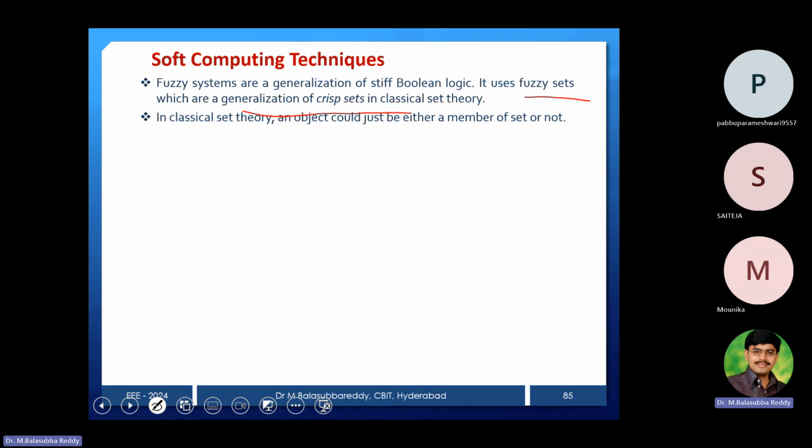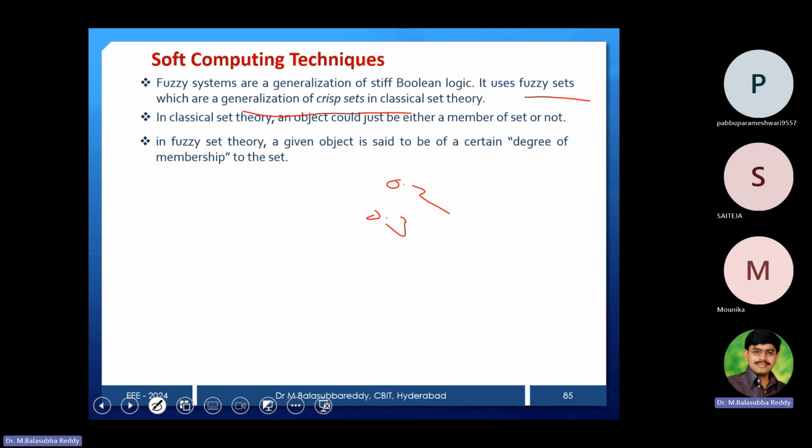In classical set theory, an object could just be either a member of a set or not, the yes or no phenomenon. In fuzzy set theory, a given object has a certain degree of membership. Degree means the weightage may be 0.2 for this, 0.3 for that, maybe 0.5 for another. We get some weightages, whereas a conventional or crisp set gives directly a yes or no, 0 or 1 concept.